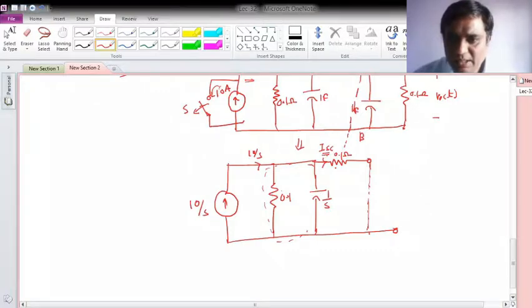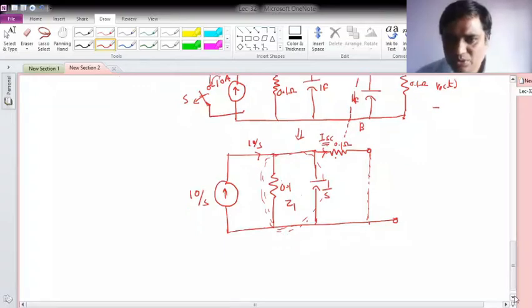Then I can use the current division rule. This I will call the Z1 impedance. So ISC can be obtained as 0.1 divided by 0.1 plus 0.1 plus this impedance, into the total current.